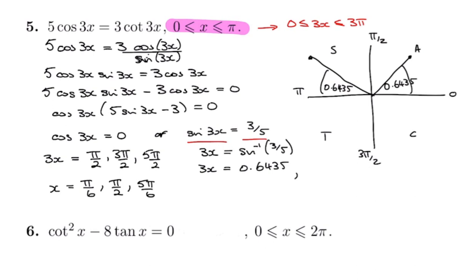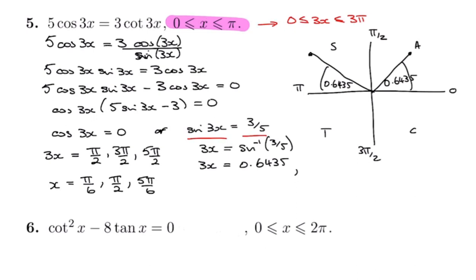Right, so the first one, of course, is 0.6435. The next one is pi minus 0.6435, which is 2.4981. The next one will be 2 pi plus 0.6435, that's 6.9267, and we want 3 pi minus 0.6435, which is 8.7813.